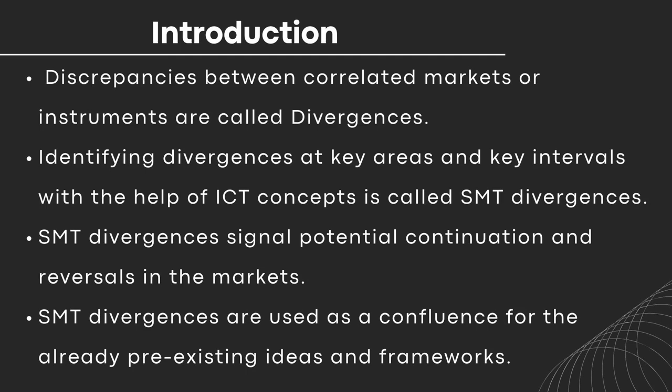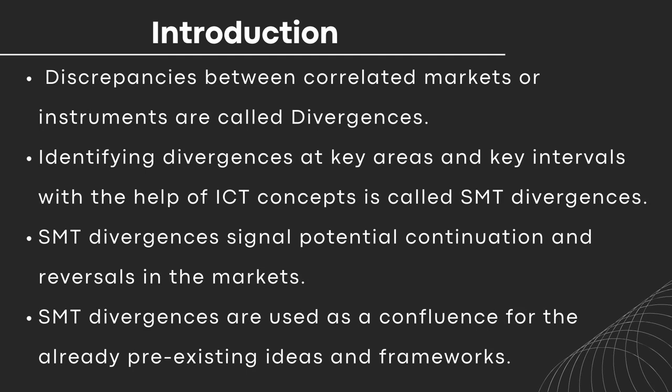With the help of SMT, we can analyze two correlated markets and assets with each other and study their structure with each other, and then based off of that, we can potentially identify or spot discrepancies or variations, and then the type of variation and discrepancy or similarity will tell us about the potential continuation or reversal in the markets, right? Now, SMT signals potential continuation and reversal in the markets, right? That's the main important thing about SMT divergences.